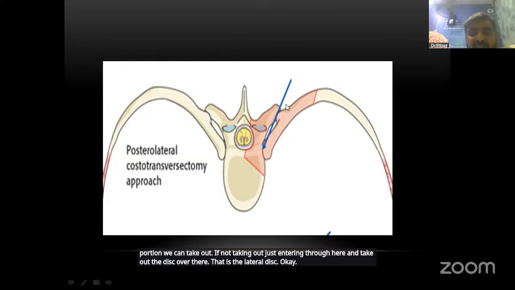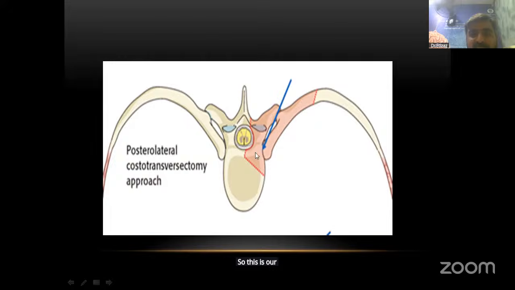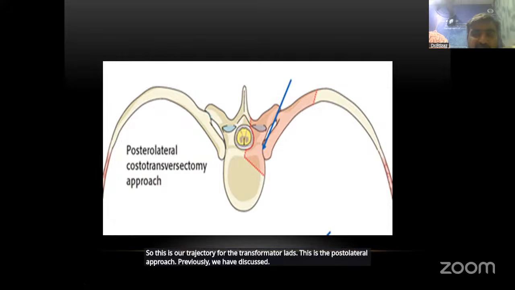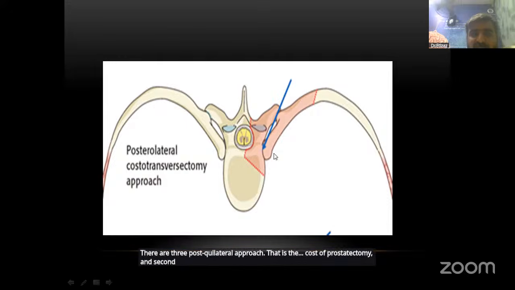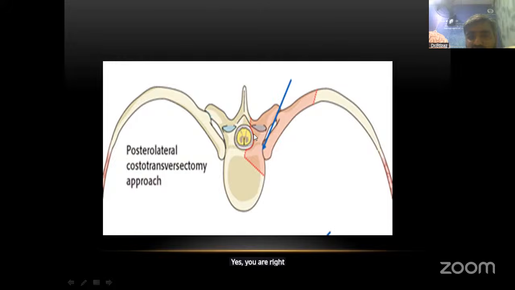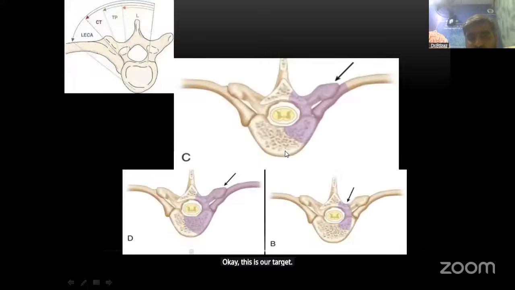This is our trajectory for the posterolateral approach. Previously we discussed there are three posterolateral approaches: costotransversectomy, the transpedicular approach, and the extracavitary approach. Out of them, this is our target in the costo.